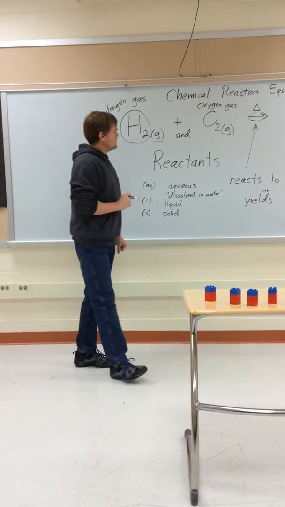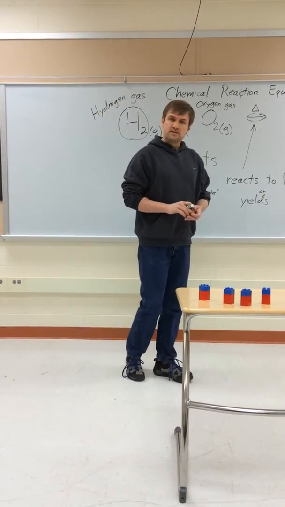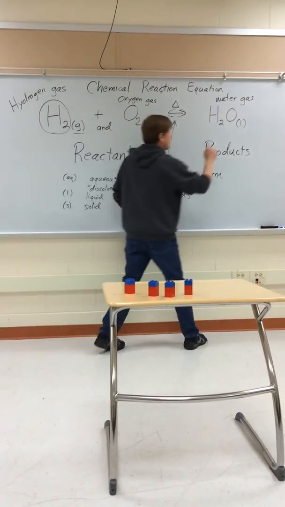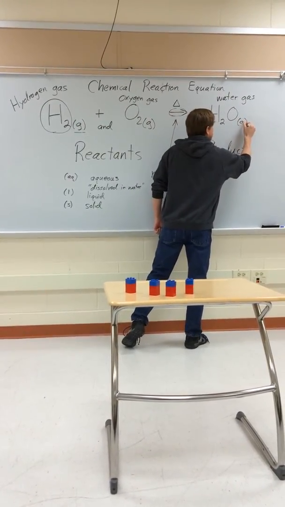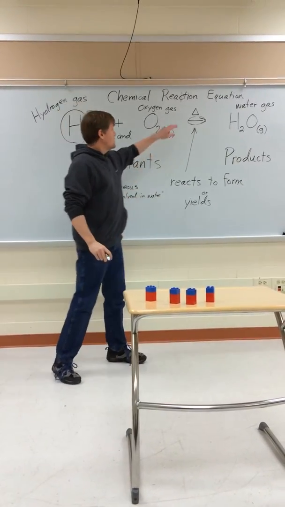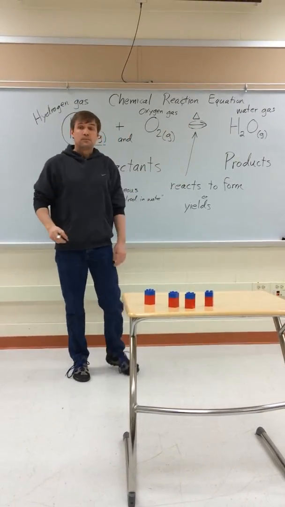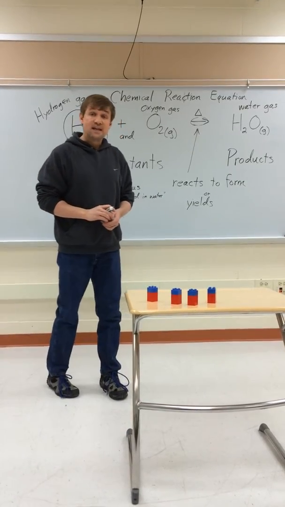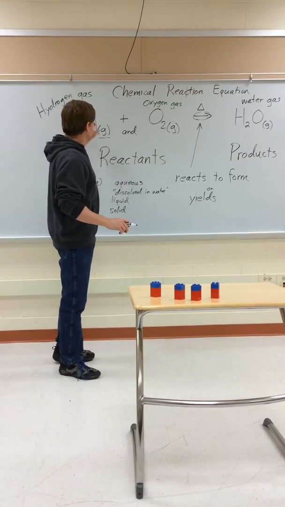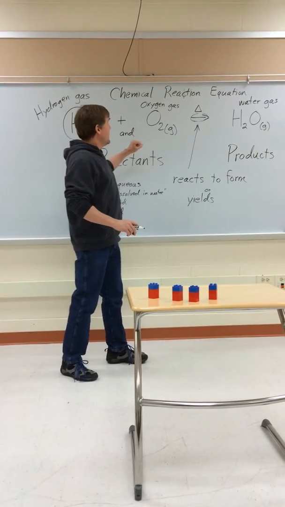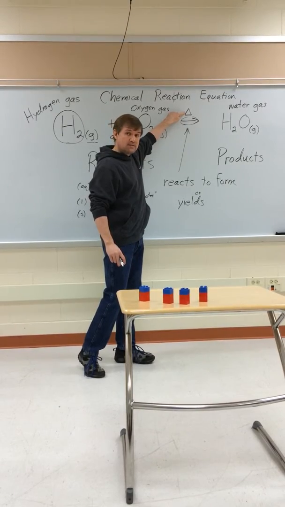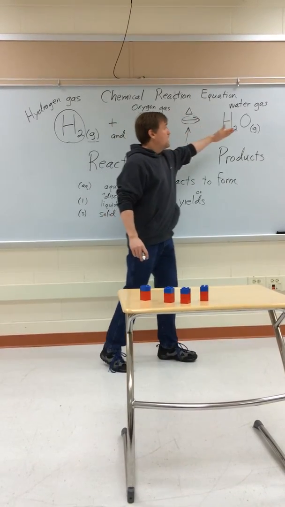And let me add just one more symbol that I'd like you to know about, which actually relates to why I had put this as a G rather than an L. That's this triangle above the arrow. The triangle above the arrow indicates that heat was present during the chemical reaction. So I have H2 gas and O2 gas, and then in the presence of heat, that triangle means in the presence of heat, water is formed.